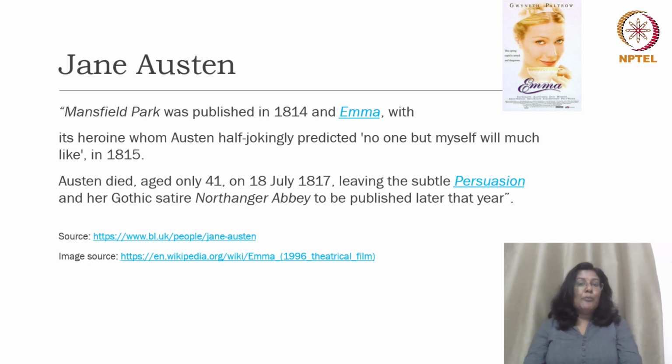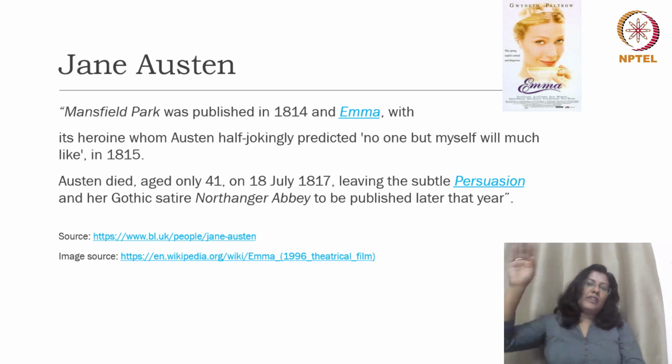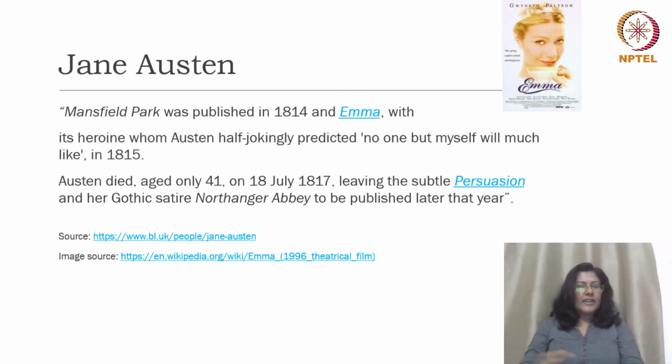And Catherine Morland is the central female character in Northanger Abbey, and you can see how all these novels, and Emma, of course, is based on the central character as well, as it's a novel which captures the growth and maturity of the central character. So it's about a female's growth trajectory, and it's a kind of feminine bildungsroman in some respects.